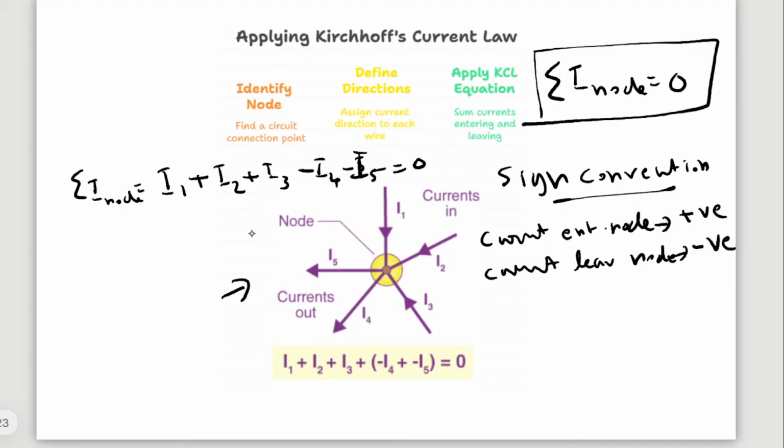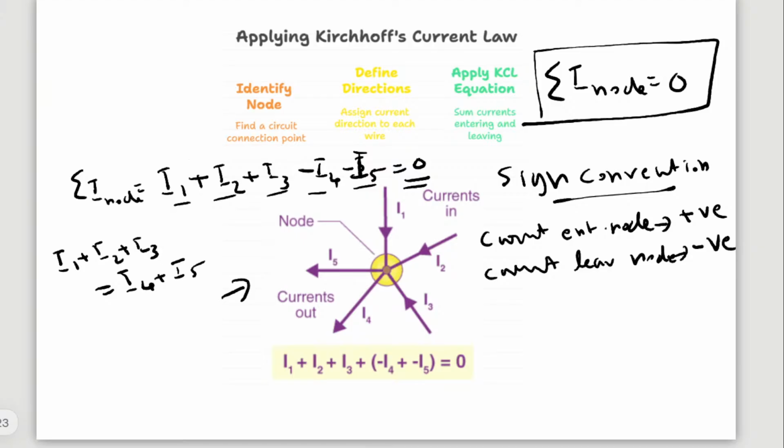That is the algebraic sum of I1 plus I2 plus I3 minus I4 minus I5 equal to 0, which can again be written as I1 plus I2 plus I3 equal to I4 plus I5.